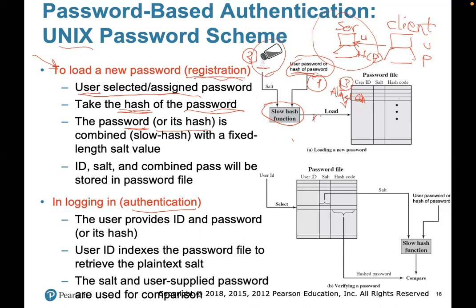X also is going to be stored here. And then the salt value. Salt basically is, for example, 12 bits or 64 bits of random data. And here is the salt. So this row is going to be stored in the password file or password database at the server side.